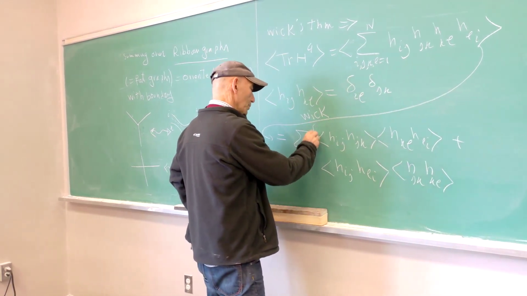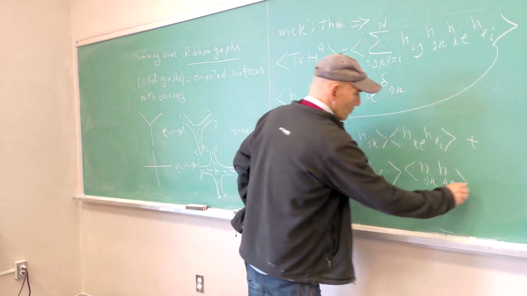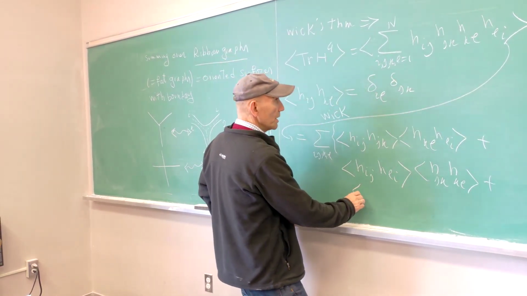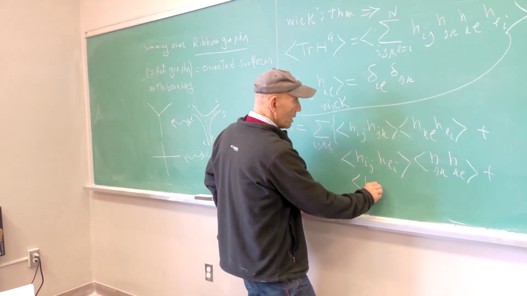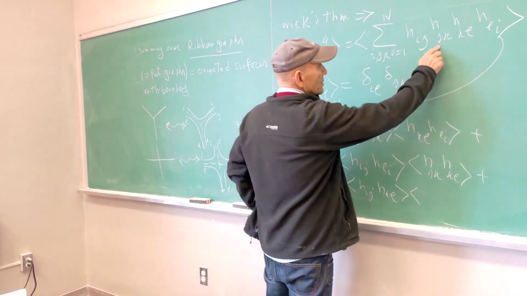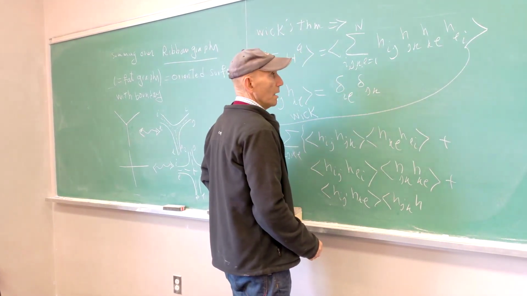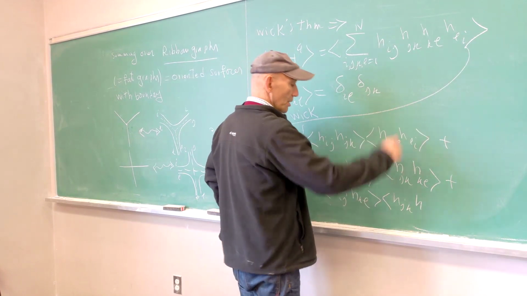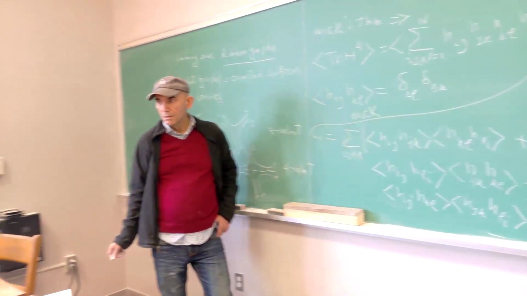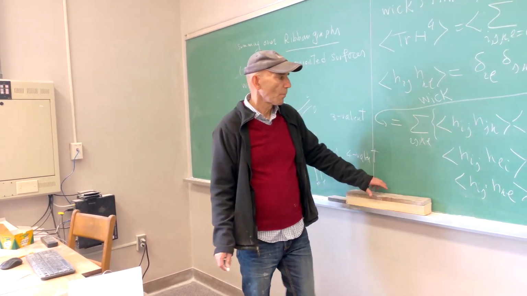This sum is applied over all of ijkl. Plus the crossing term now, which is Hij, Hkl, Hjk, Hli. And I closed it. So this is what Wick's theorem tells us.